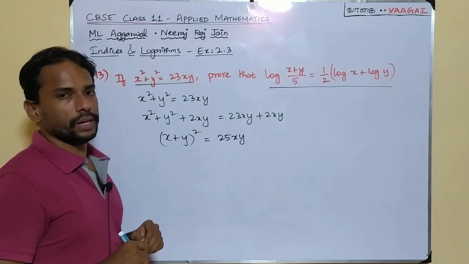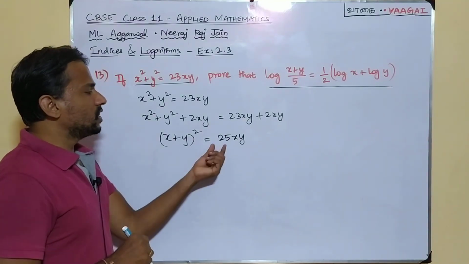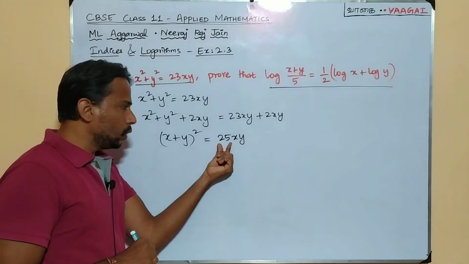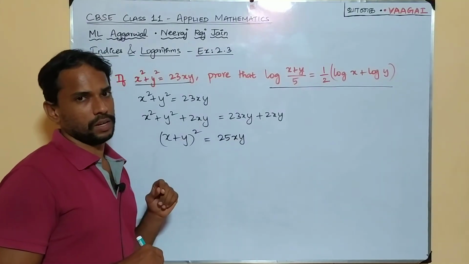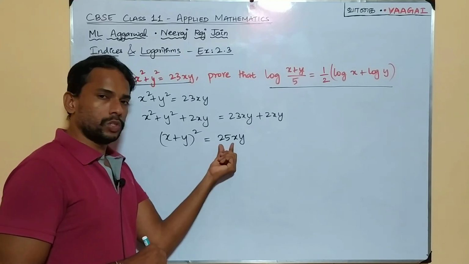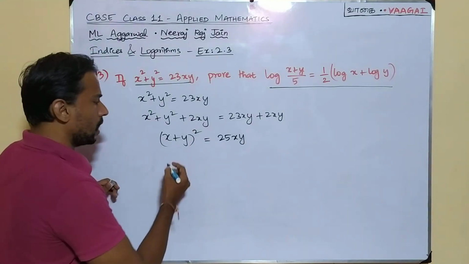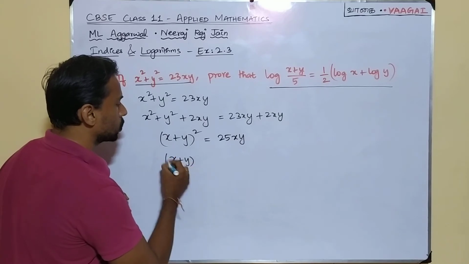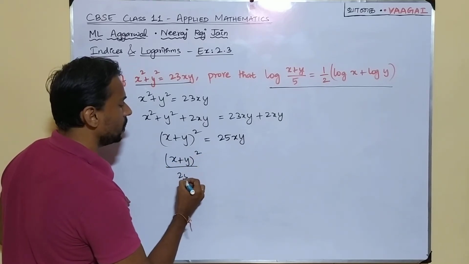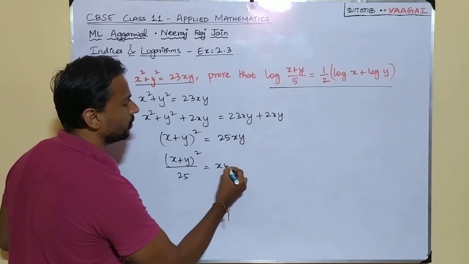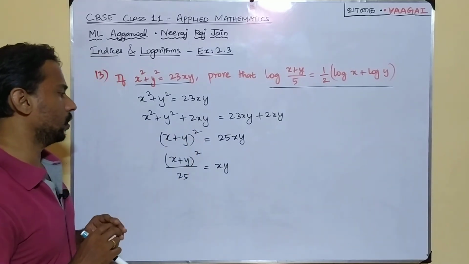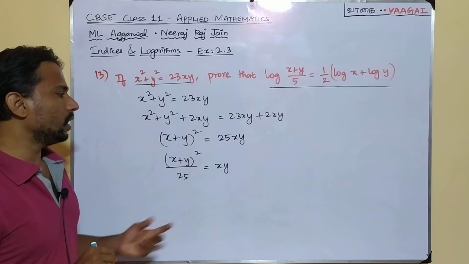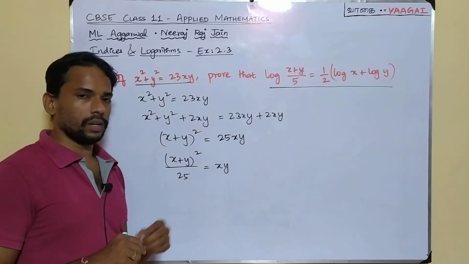Next what I can do here is, I will just bring this 25 to the left hand side. This 25 is multiplication on the right hand side. Now when it comes to the left hand side, it becomes x plus y the whole square divided by 25 is equal to, right hand side we will only have xy. Is it clear? Yeah, I think it is clear to you. Now see the right hand side, we are left with only xy there.